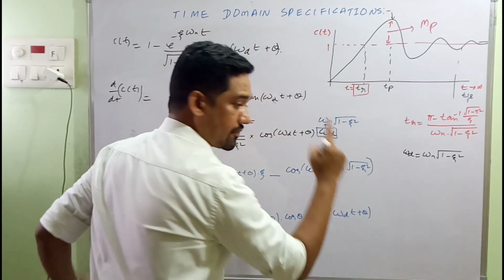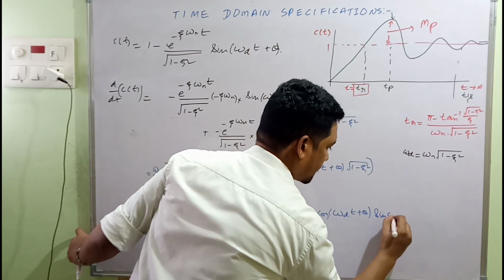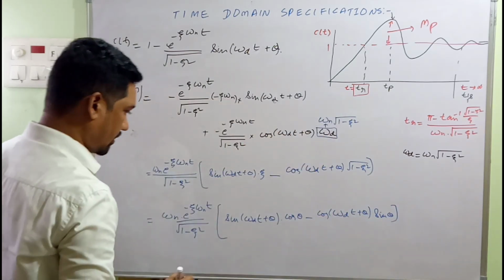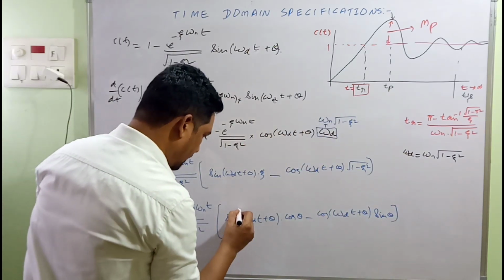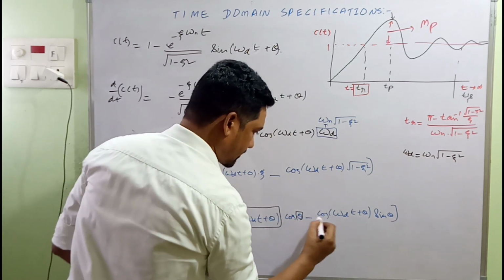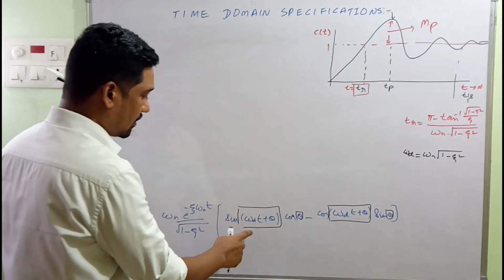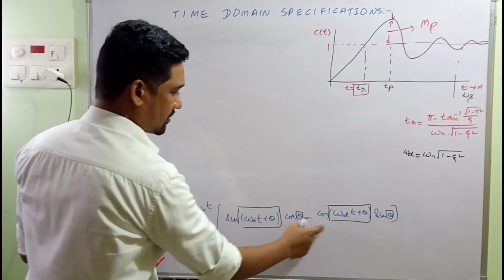This will be sin theta from the triangle. And can you see sin A cos B minus cos A sin B? Making use of this one, sin A cos B minus cos A sin B.